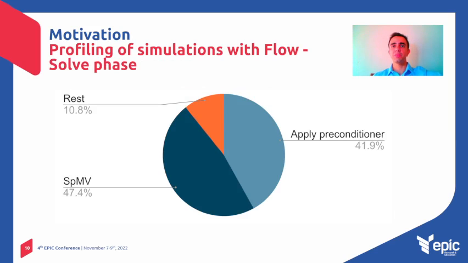And going deeper on the linear solve, we were also able to conclude that applying the preconditioner and the sparse matrix vector products take the most time on the linear solve, with applying the preconditioner taking around 40% and the sparse matrix vector products taking around 50% of the time of the linear solve.